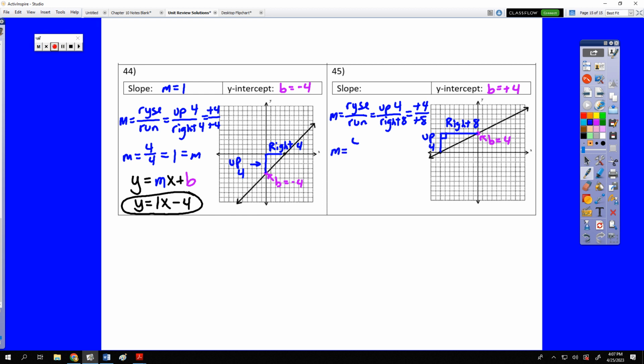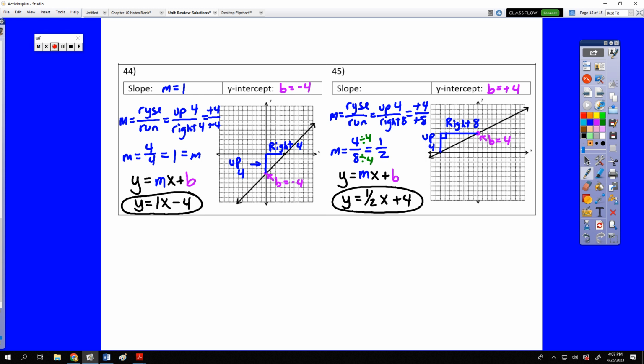Positive divided by a positive is a positive. Then we need to reduce that fraction. 4 over 8, both of those numbers can be divided by 4, and it reduces to 1/2. Finally, plug them into y equals mx plus b, giving us our equation y equals 1/2 x plus 4.